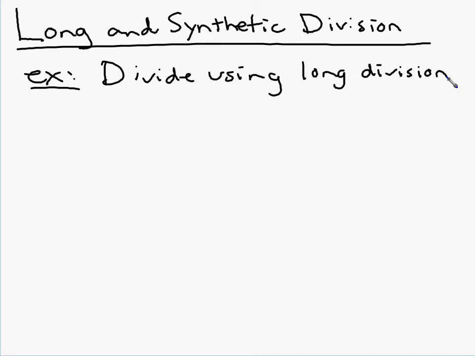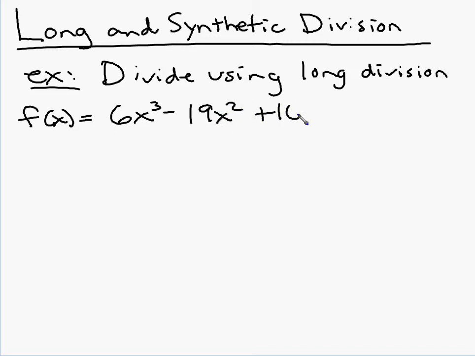All right? If I have this function that looks like this, 6x cubed minus 19x squared plus 16x minus 4, and it's all over x minus 2, boy, that's ugly.